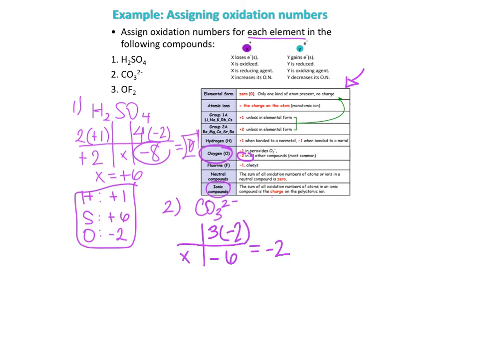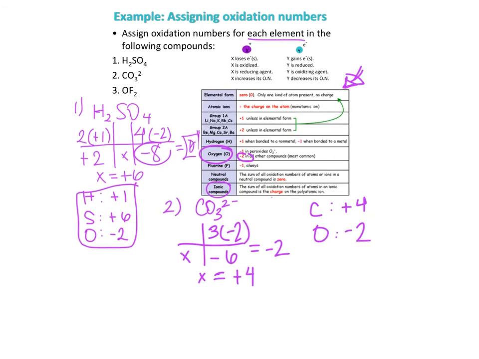When you solve for x, it's going to be +4. So the oxidation numbers for each of the individual atoms: for carbon, we figured out it's +4, that was our unknown. For oxygen, it's -2. So anytime something's not on this chart, that's your unknown, okay?